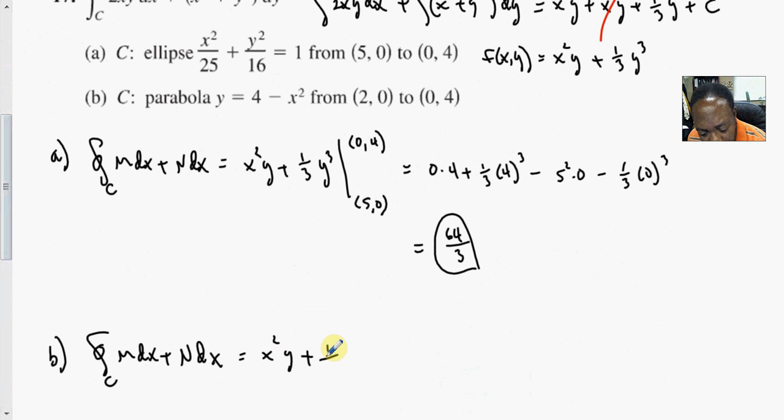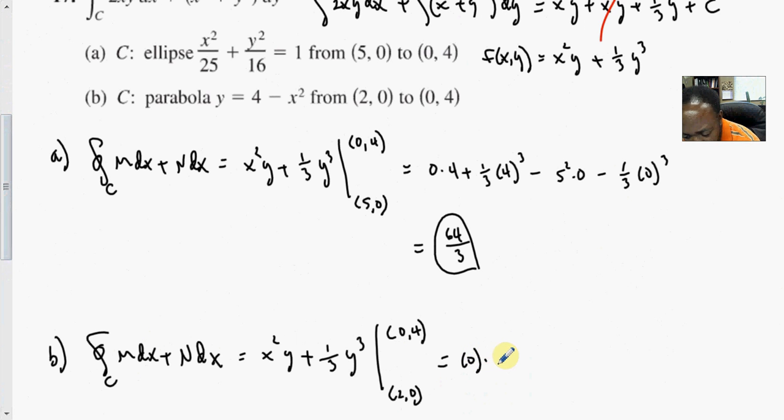We evaluate this again with the potential function because it's conservative. Here we're moving from 2, 0 to 0, 4. And so we plug in here, x is 0, y is 4, plus 1/3 4 to the third, then minus.